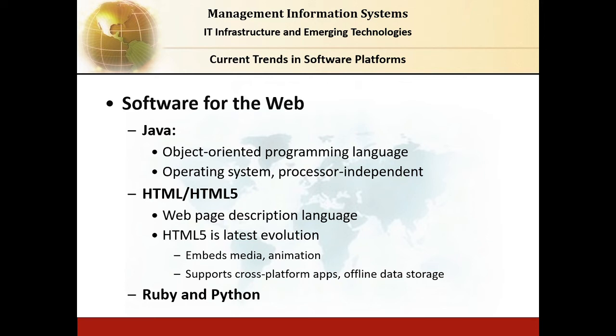HTML stands for Hypertext Markup Language. So, web page description language po siya. And yung HTML5 is the latest evolution. So, nag-embed ng media, animation, cross-platform app, offline data storage. So, ang pinaka-best example ng HTML5 ay yung tinatawag natin na WordPress.